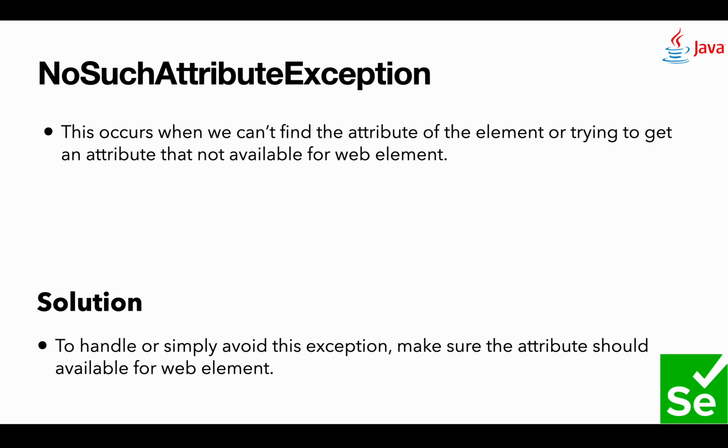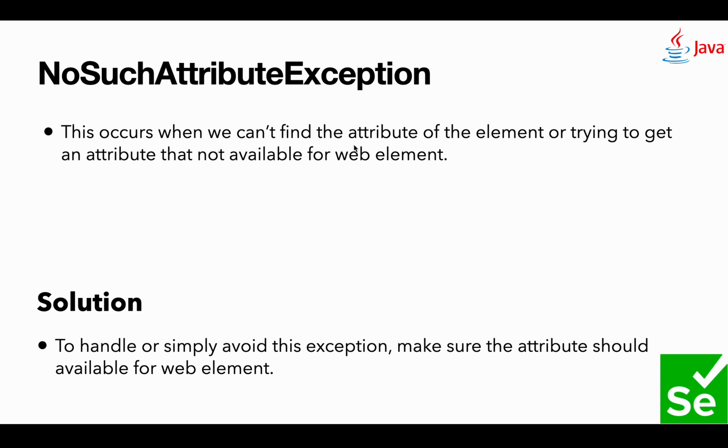Now let's see the next one, that is no such attribute exception. This occurs when we cannot find the attribute of the element, or we are trying to get an attribute that is not available for a particular web element. To handle or avoid this exception, make sure that the attribute is available for the web element.